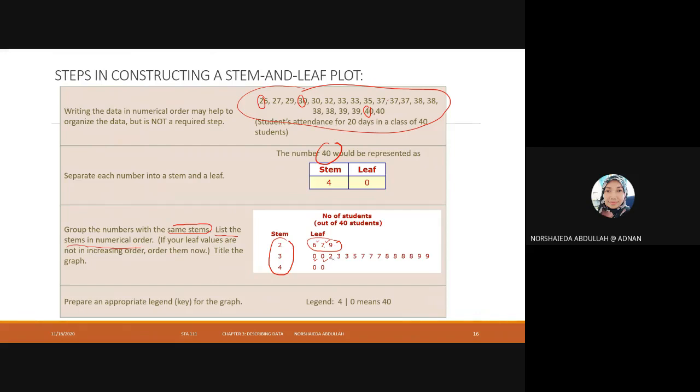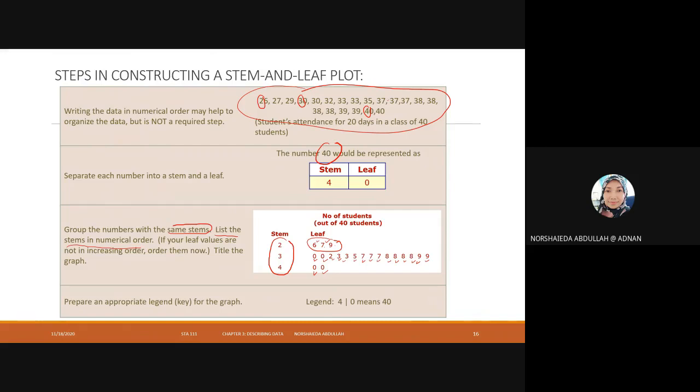Then 32, and then 2 33s, so 3, 3, and then 35, and 3 37s, so 7, 7, 7, and then 4 38s, so 8, 8, 8, 8. And then we have 1 39. And for full attendance, we have 2 40s, so 0, 0.